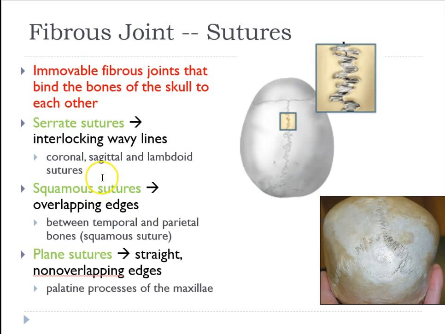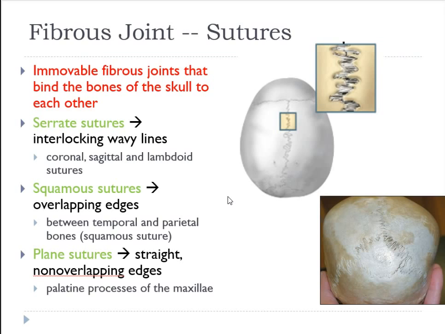And these are going to be those bones that you hopefully still remember from lab, the coronal, the sagittal, the lambdoidal structures. These are all going to be held together with this type of suture. Squamous suture is going to be one that overlaps in the edges.